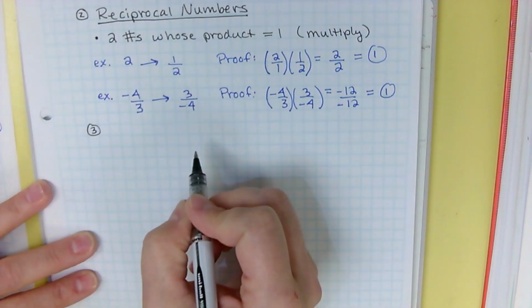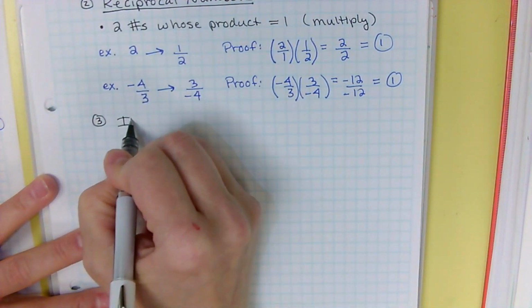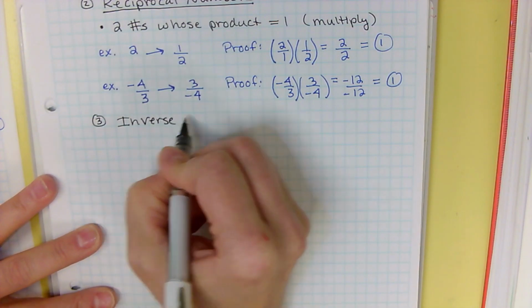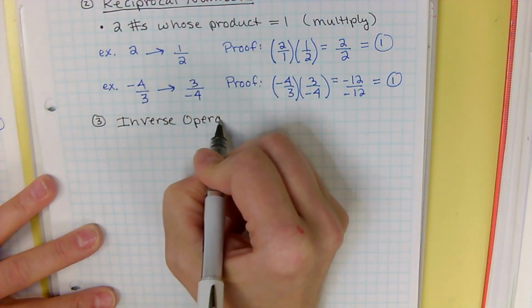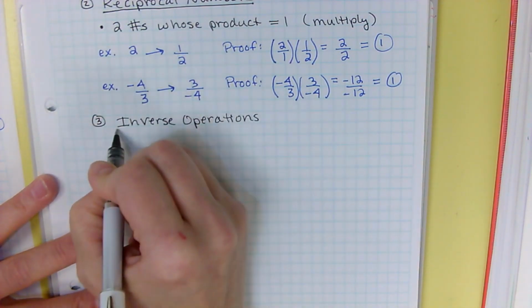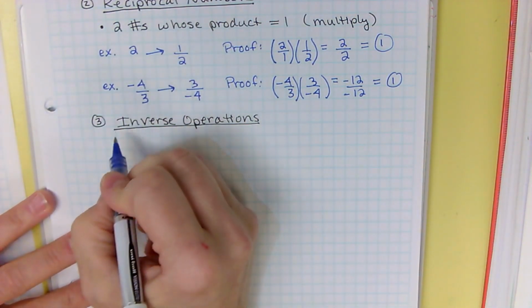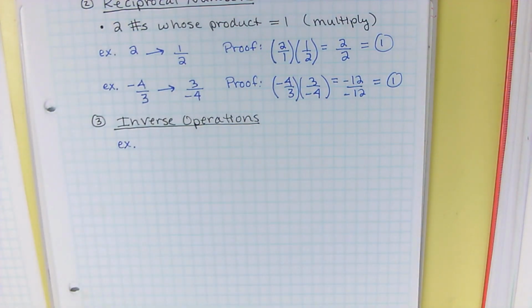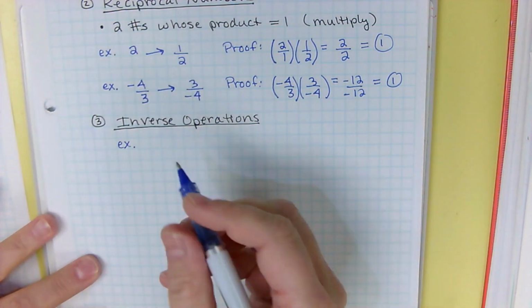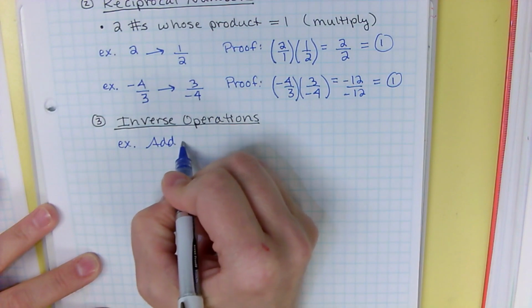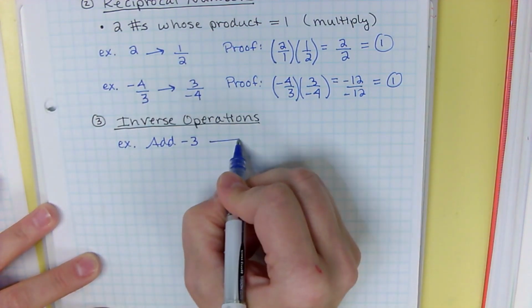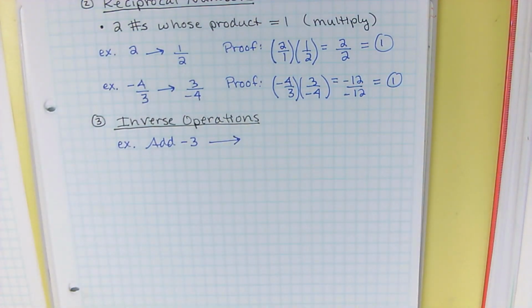Okay, third word. Inverse operations. I'm mainly giving you this one to help you with some of the questions on the worksheet. They ask you for inverse operations. On your worksheet, they're going to have something like add -3, and your job is to give the inverse operation.